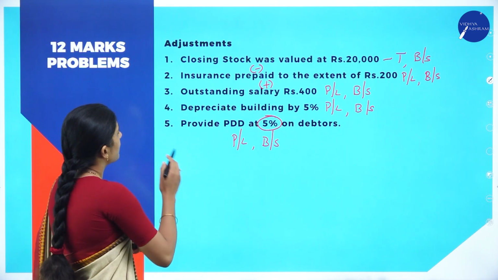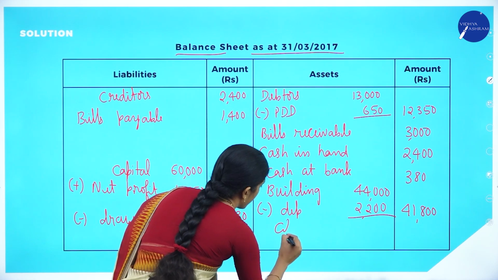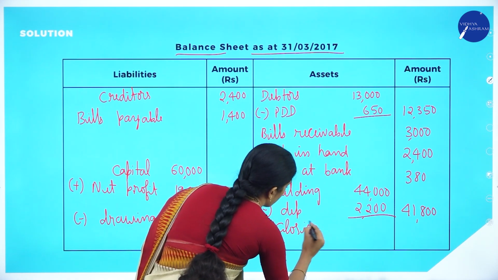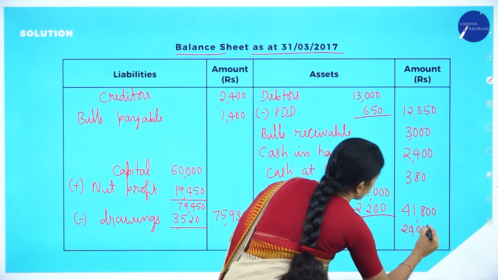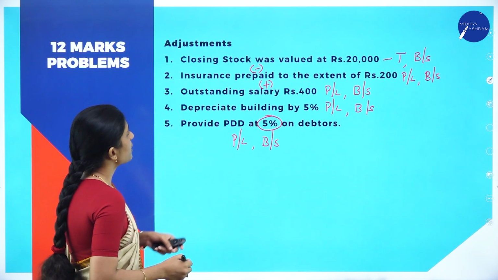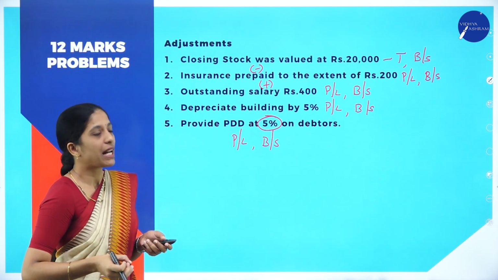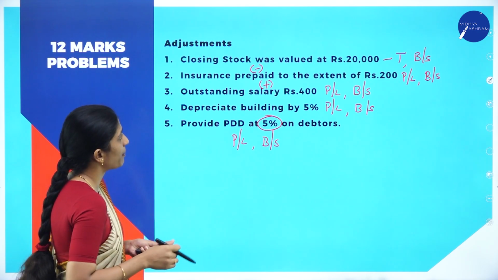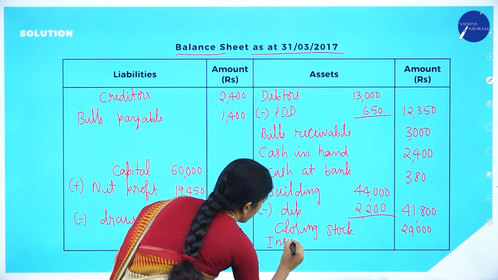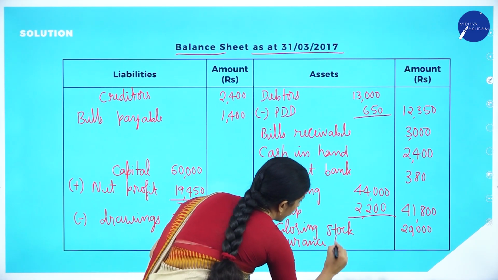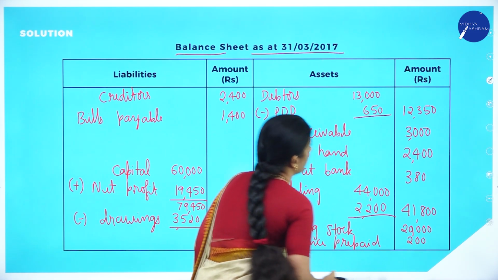Now we shall continue with the adjustments. Closing stock. So I have to take in the asset side. Closing stock 20,000. Next, insurance prepaid. Prepaid income is a liability. Outstanding income and prepaid expenses are assets. So insurance prepaid is 200. So I have to take in the asset side, insurance prepaid, that is 200.